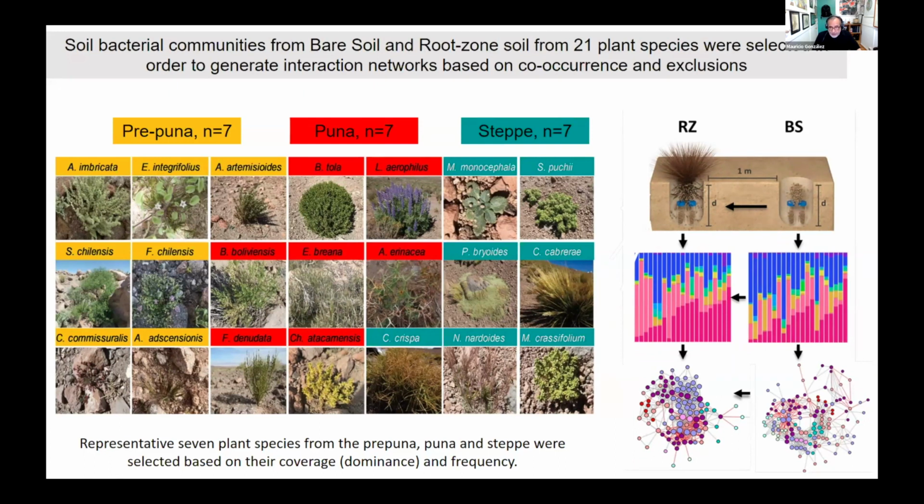The information about the operational taxonomic units present in this bacterial community and their relative abundance was used to generate a co-occurrence network representing the bulk soil and rhizosphere for each one of the representative plant communities in each vegetation belt.